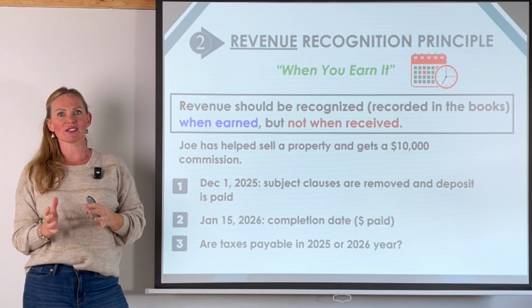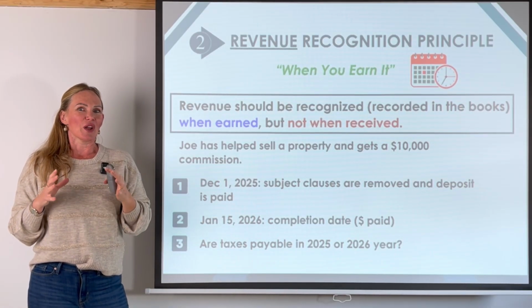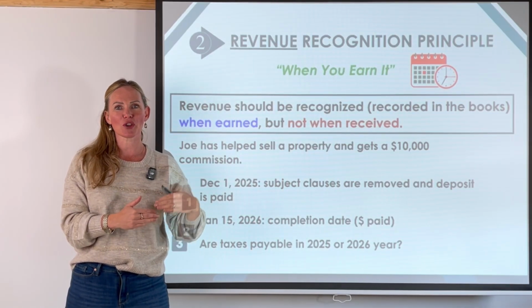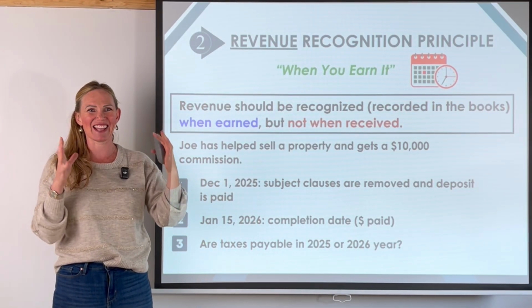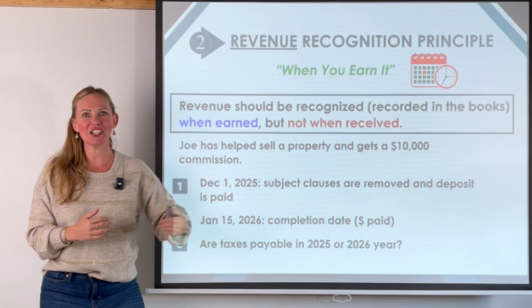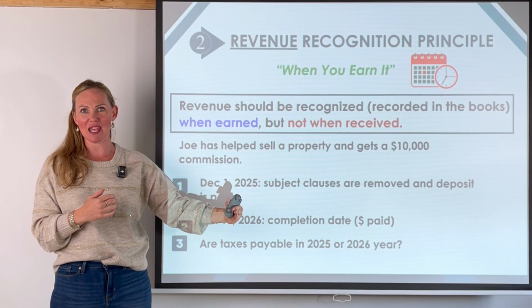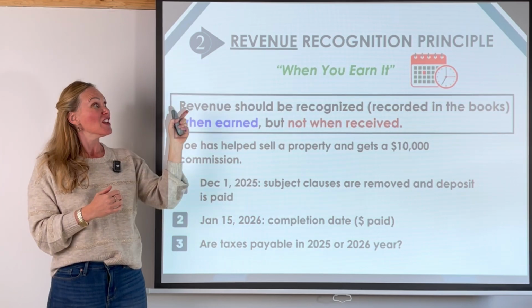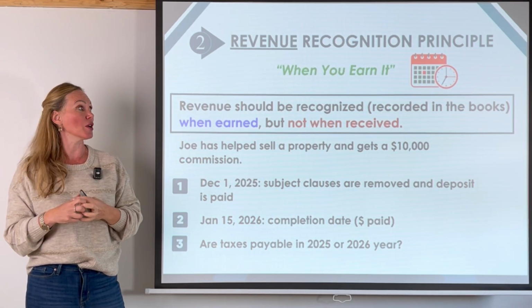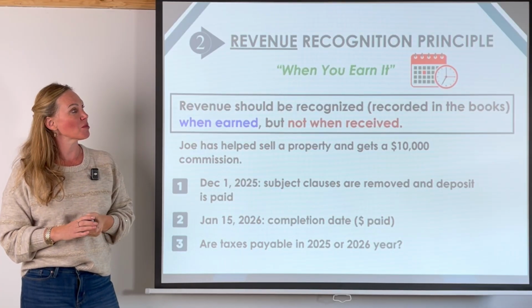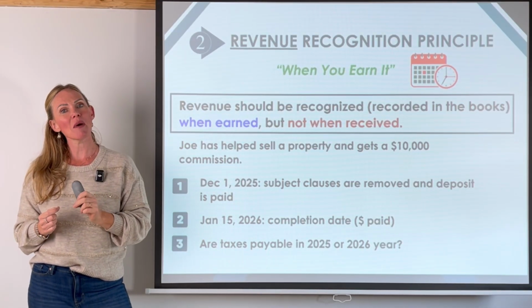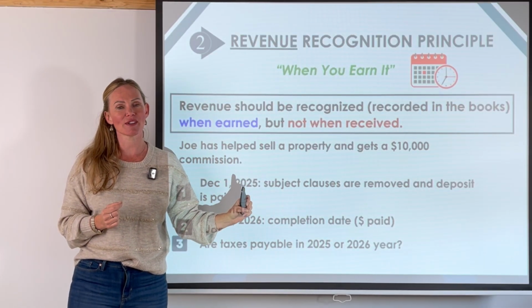For real estate agents, you can make the money way before you receive the money, because you can sell something but the completion can happen in a year or two, and that's where you get paid. Interesting, right? So when are you going to put what you earn into your books? Revenue should be recognized and recorded when you earn it and not when you actually receive it.